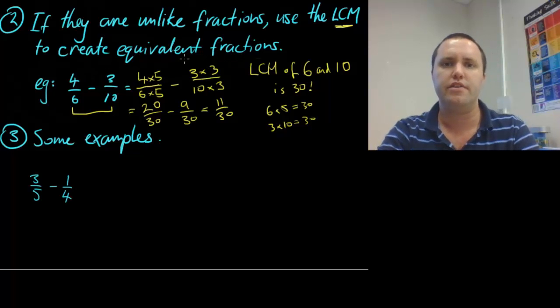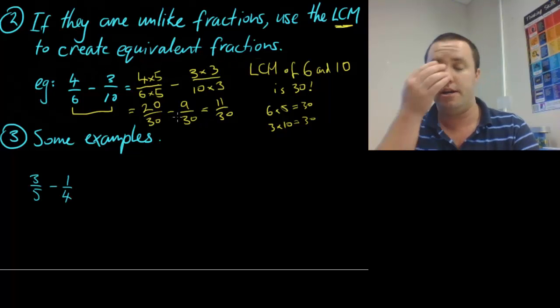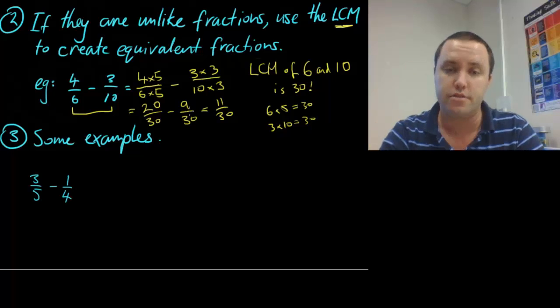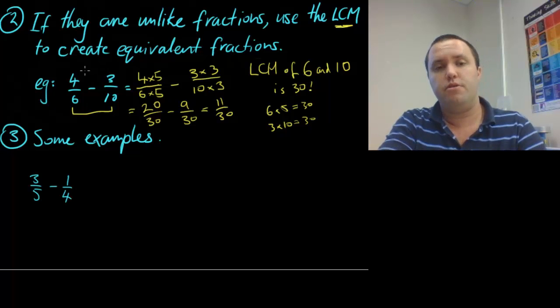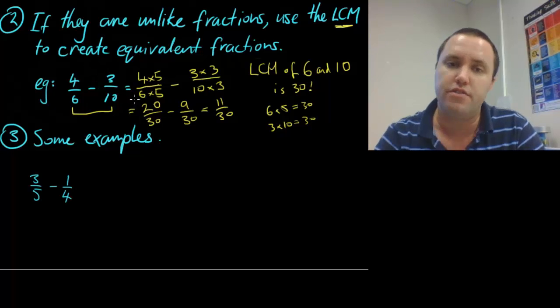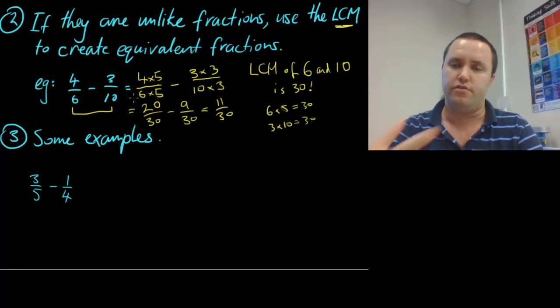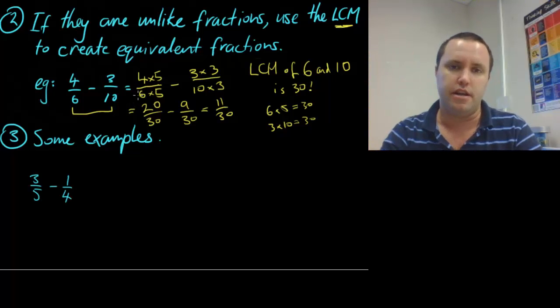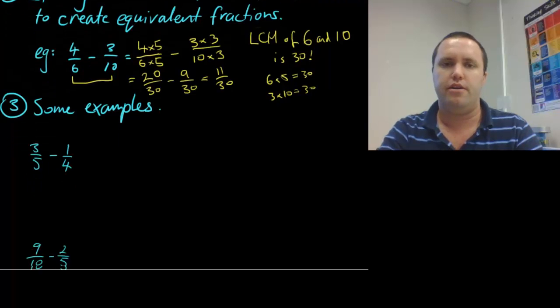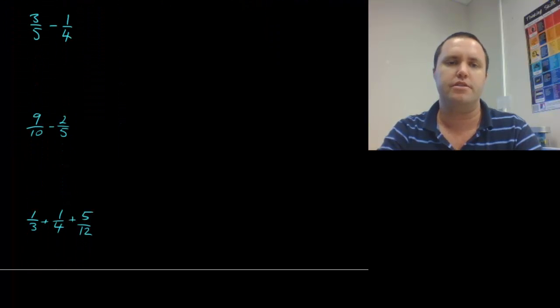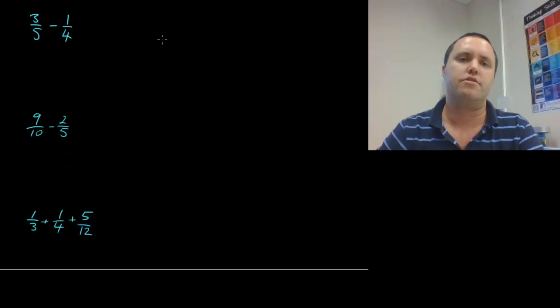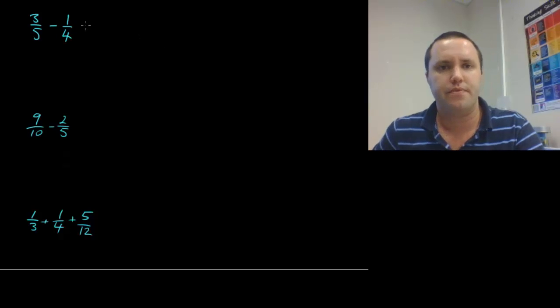So that's how you do it. You've got to create an equivalent fraction by looking at the denominators, find the lowest common multiple, and multiply by your a over a. This is all stuff you've seen before, but I want to show you it again, and I'm going to show you a couple of examples, and hopefully that will help jog your memory. So, 5 and 4, lowest common multiple is 20. So we need to get our 5 and 4 up to 20.